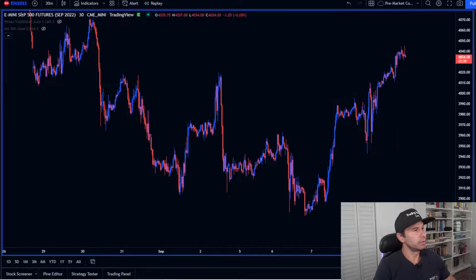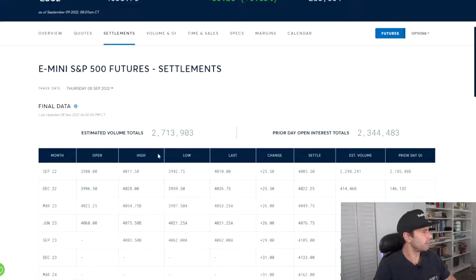Another thing you can do is go to the CME Group website and see the settlements. You can see the volume, the estimated volume: 400,000 contracts for December, whereas September has 2,300,000. So I will stick to the September contract and keep checking through next week.